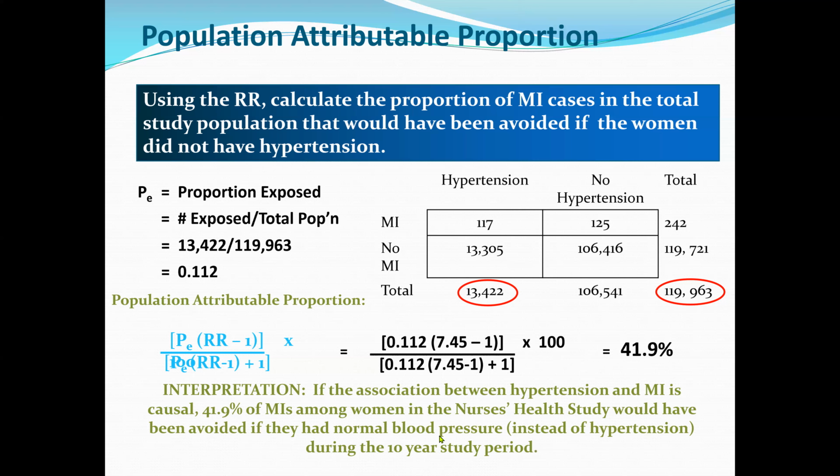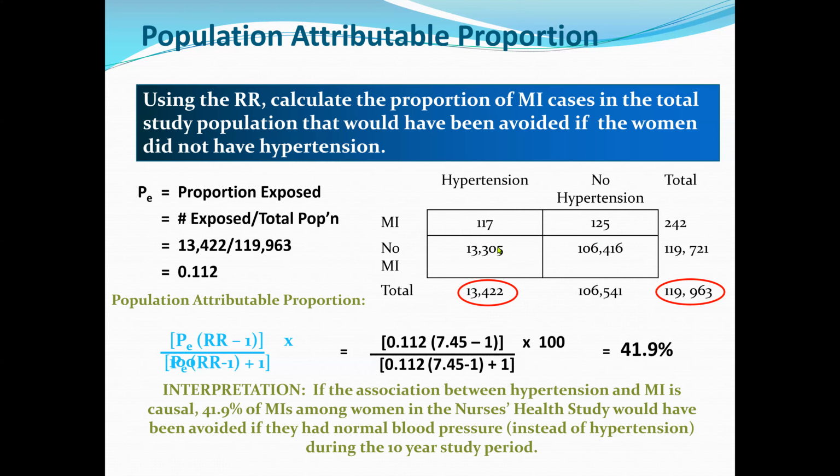We had 13,422 women with hypertension, and 117 had MI. Then we had 106,541 women without hypertension, and 125 had MI, with a follow-up of 10 years.